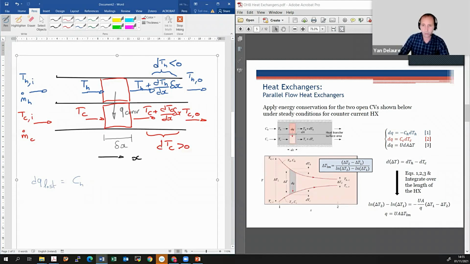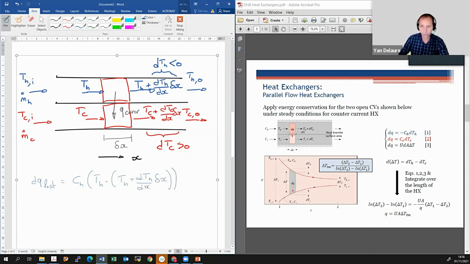Just to make sure I'm consistent with my notations. Okay, so we have, I want a positive quantity, so I put TH minus TH plus dTH over dx multiplied by delta x.